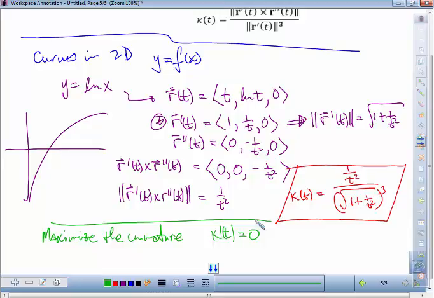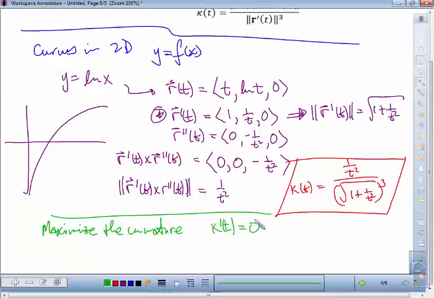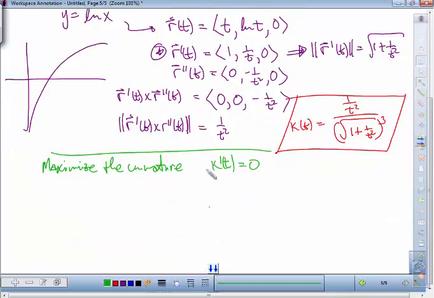So given that idea, I may want to simplify this, or I may just want to use a computer to solve it for me. Let's see if we could simplify it. We're math people here. So the kappa, I guess the t squared goes in the bottom, and then I have to try to filter it in here, right? 1 plus 1 over t to the 3/2.